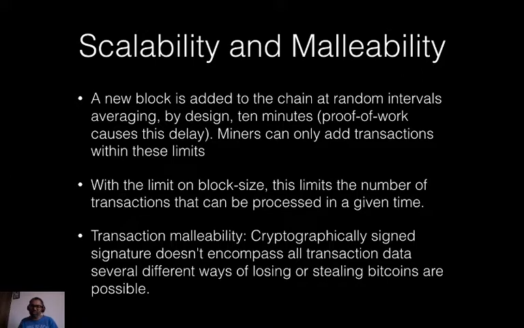Because of this, if the adoption of users increases on the Bitcoin network, the number of unconfirmed transactions in the mempool increases. That's how scalability problems arise: the network gets clogged because more users want their transactions verified.